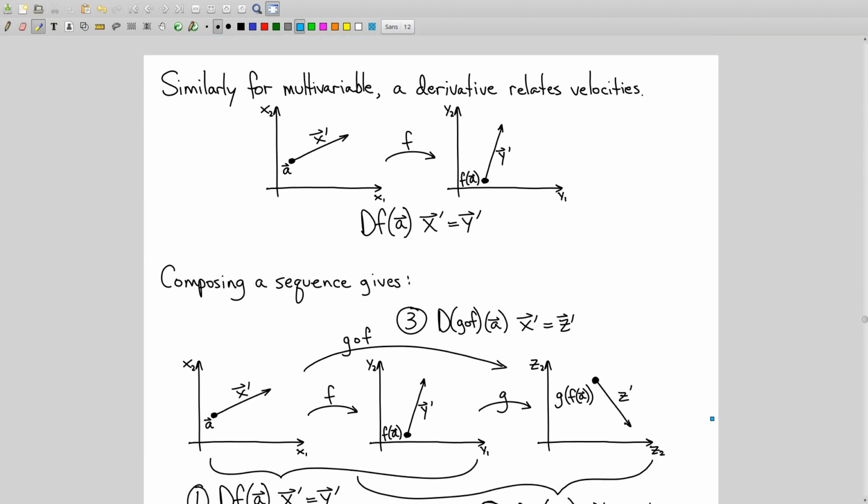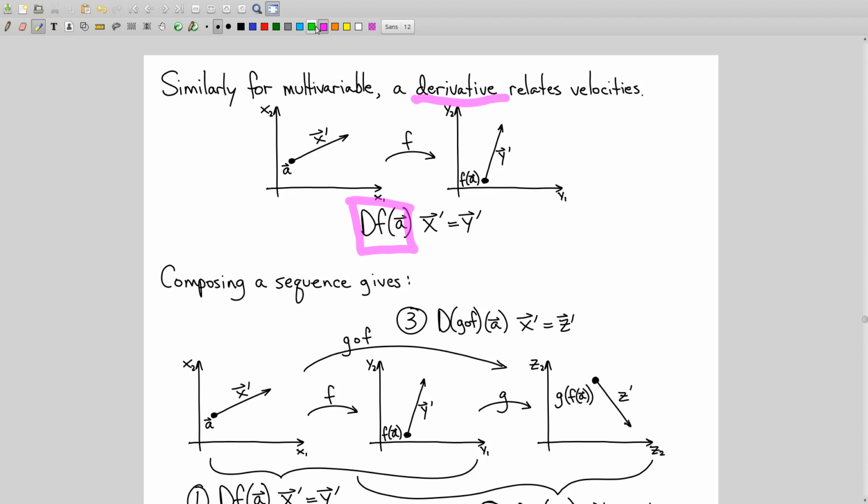The reason I gave you that is because now I'm going to make a morally identical argument in a multivariable context. Not the same, it's a little different, the pictures are going to look a little different, but it's morally the same case. So what do derivatives do in multivariable calculus? Well, again, they're factors.